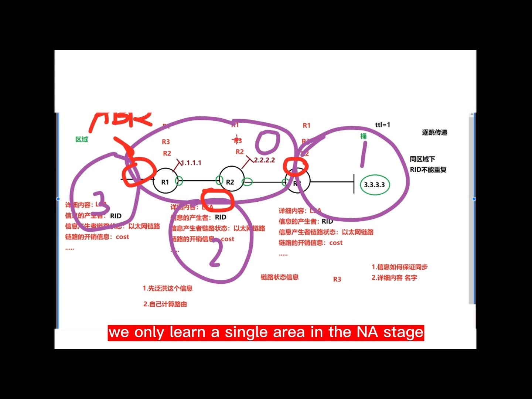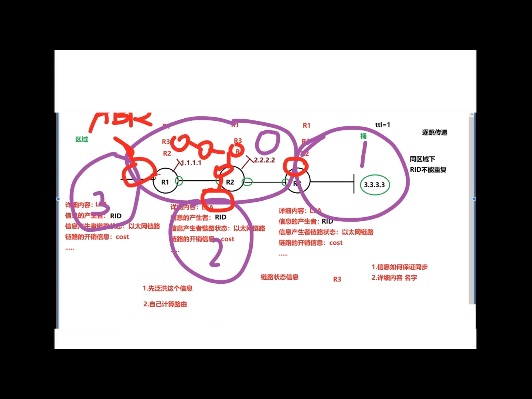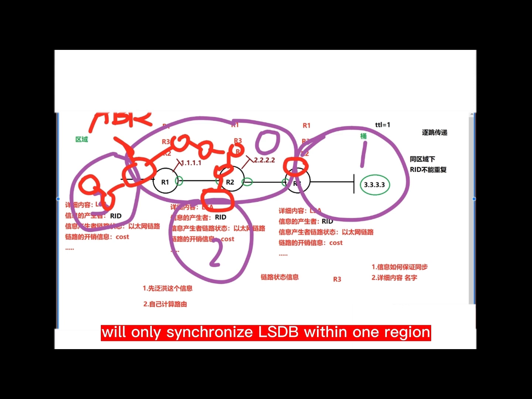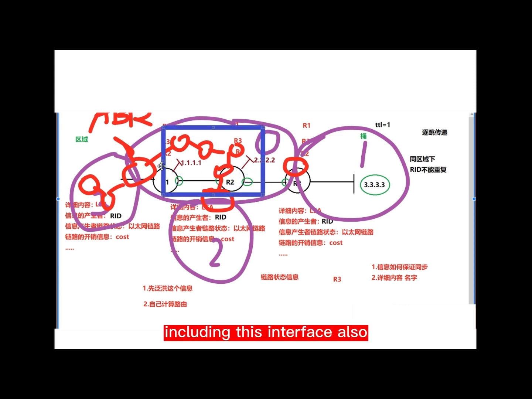We only learn a single area in the NA stage, but everyone must first understand the concept of multi-area. The red circles I drew inside this area are some internal devices. Devices inside an area will only synchronize the LSDB within one area. For example, between these devices, including this interface also, they synchronize an LSDB.